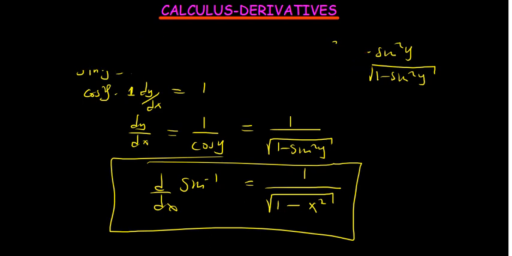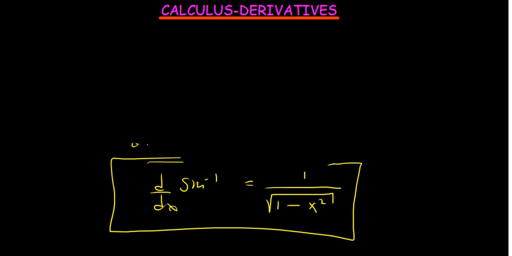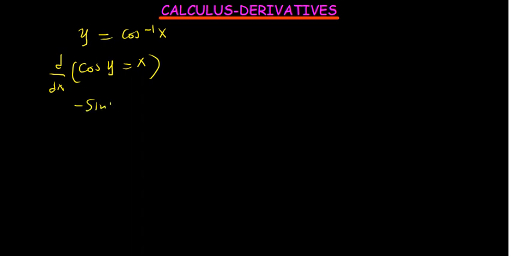Now in the same way, we're going to work out cos. Let's do that. If we have y is equal to cosine inverse of x, if I take cos on the other side, that will give us cosine of y is equal to x. Now differentiating cos, that is going to give us negative sine of y.